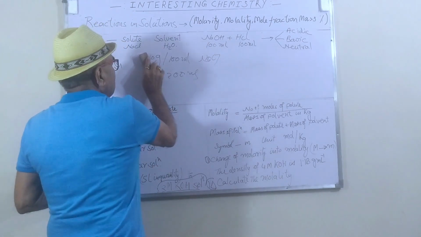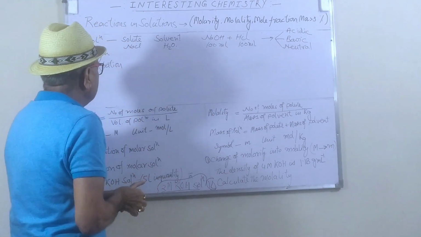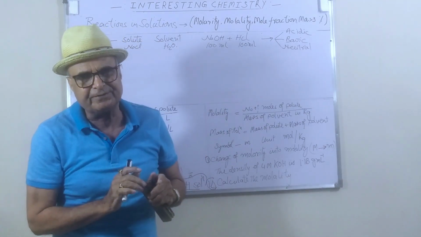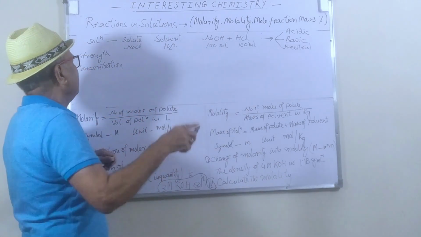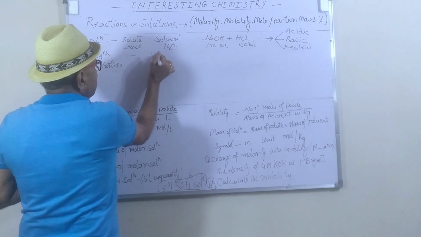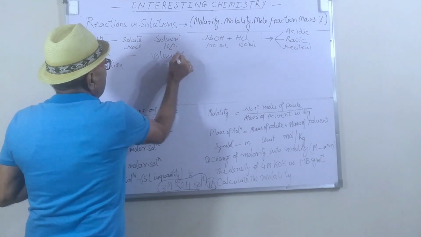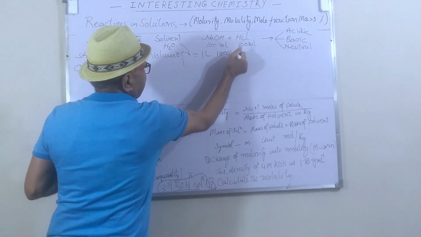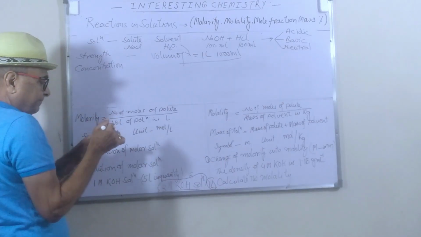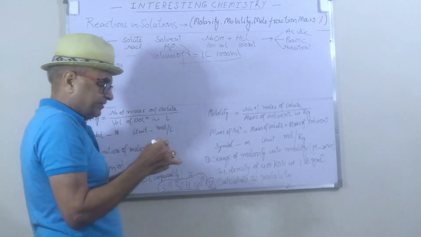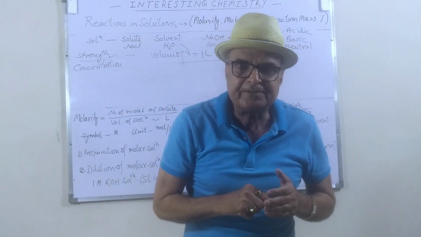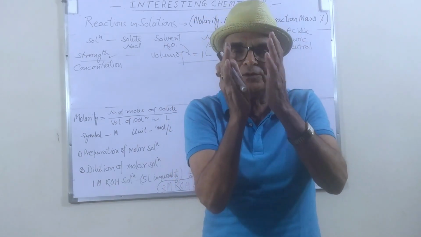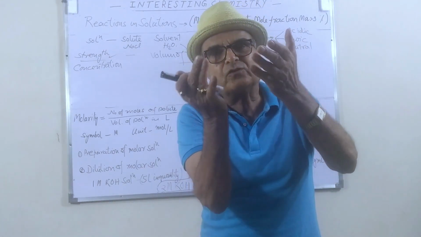To show the strength of a solution, you should know the amount in a fixed volume of the solvent, and we have decided that the volume will be 1 liter or 1000 milliliter. The amount present in 1 liter of the solution is called the strength.